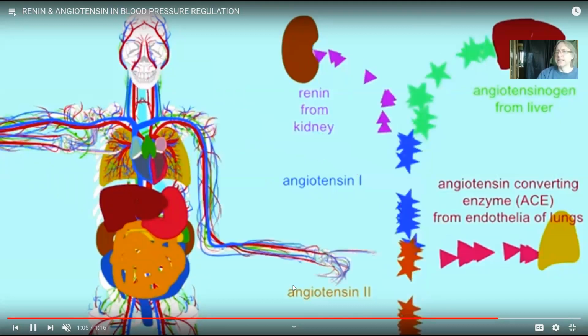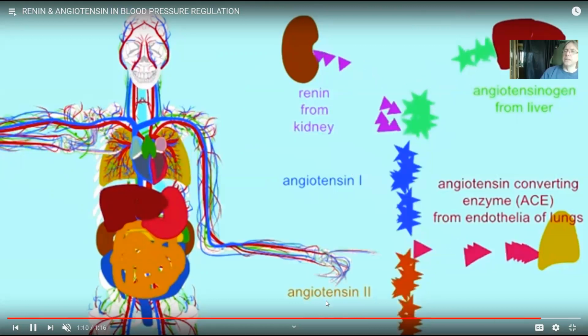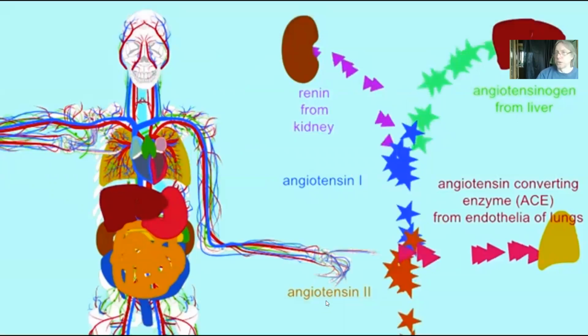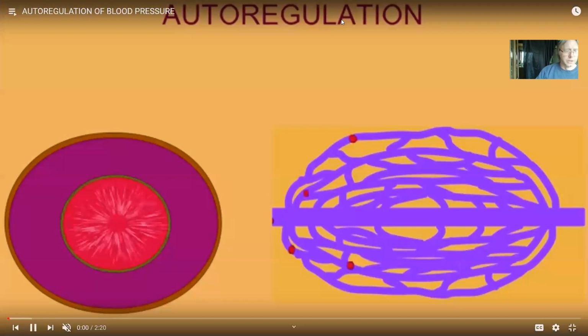So this system, the renin-angiotensin system, this is the major hormones which regulate blood pressure in addition to other things, and are thus very important. All right, so that's a major hormone system regulating blood pressure.